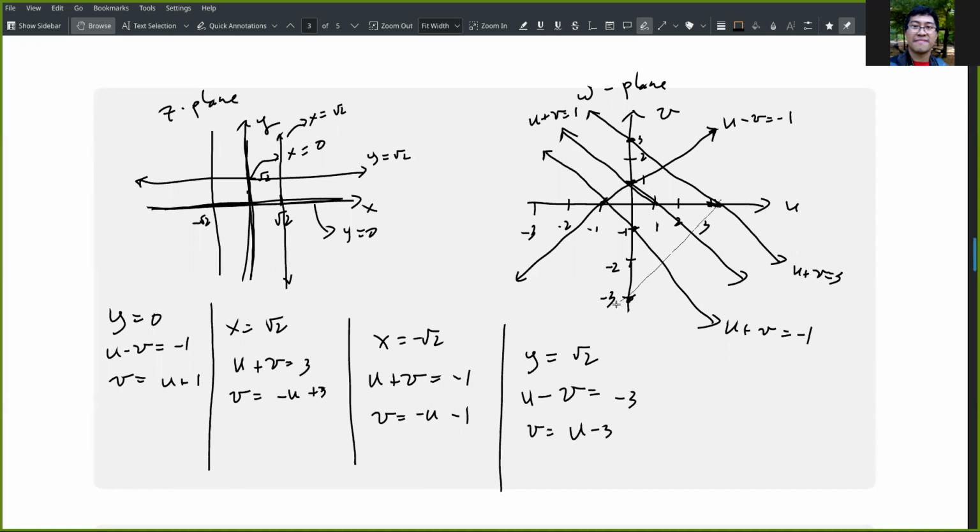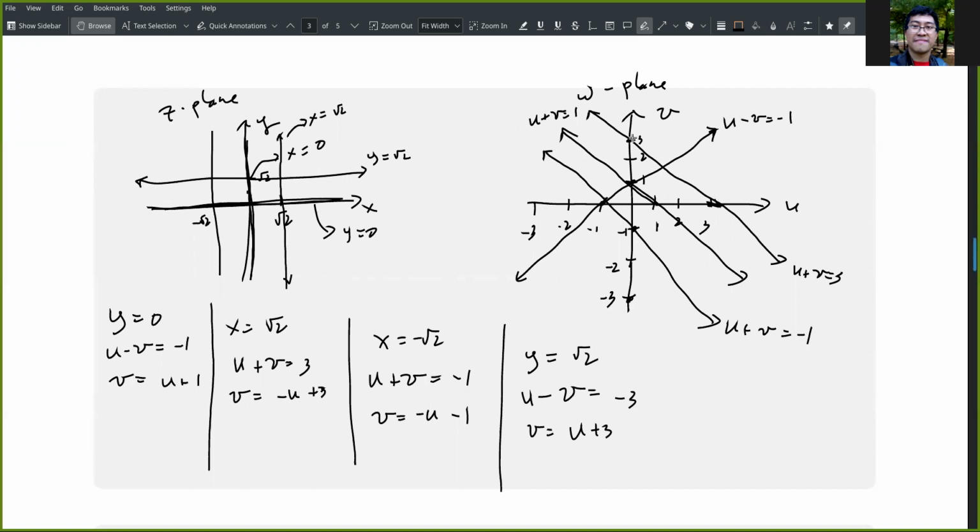Okay, that's our u minus v. Ah no, actually, it's not that one. It's v equals u plus 3. Okay, so if it's plus 3, then that would be for this line.